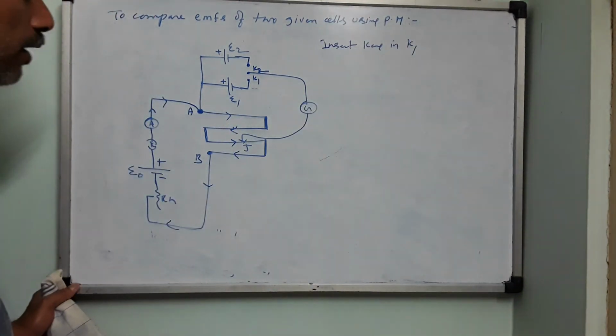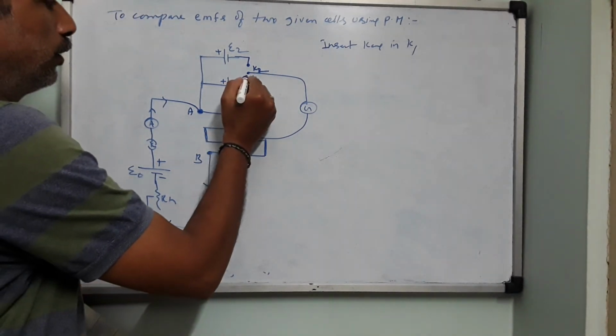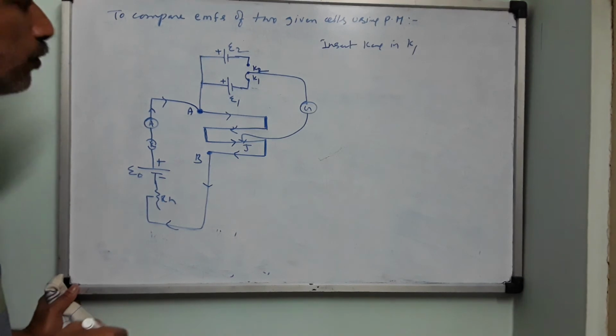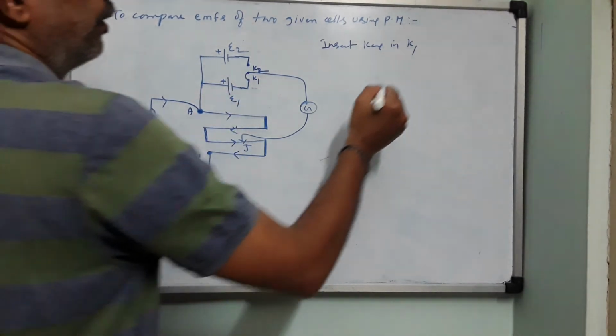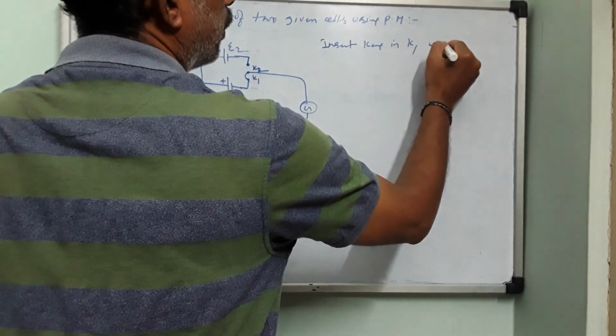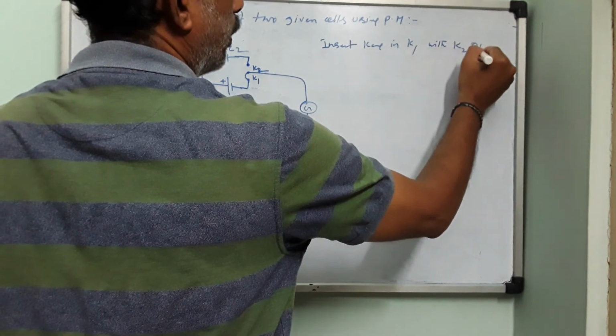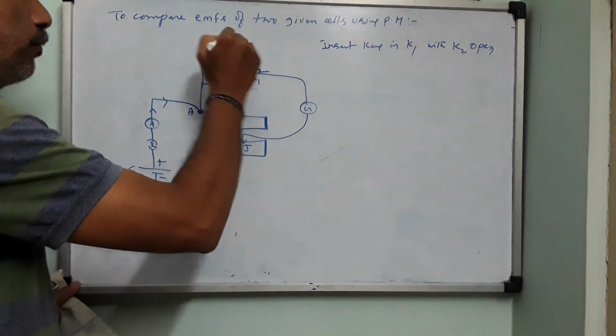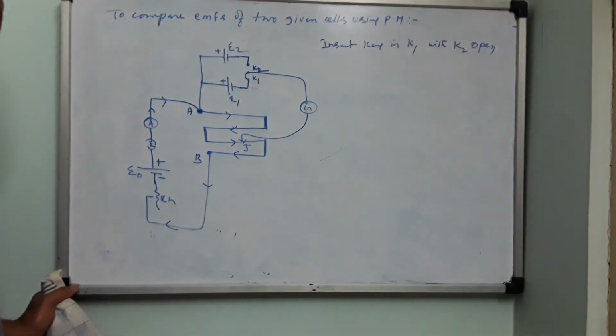This circuit will be closed now, with K2 open. So no part of this circuit will participate in the experiment. E2 is just lying idle, and that offers an infinite amount of resistance.